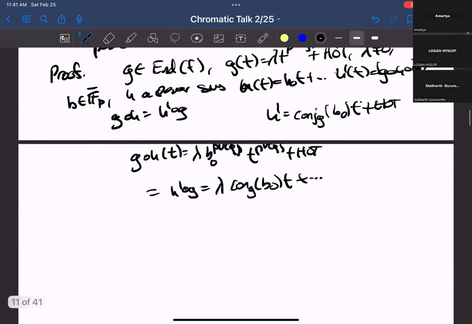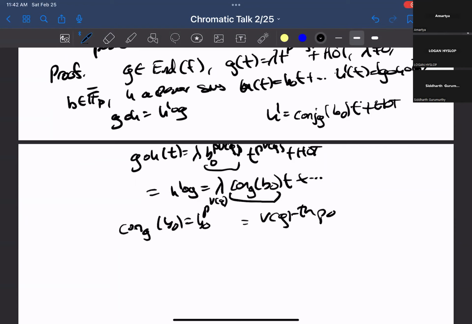So the conjugation by G of B0 is equal to B0 to the P to the nu of G. So this shows that conjugation by G of B0 is nothing but B0 to the P to the nu of G, which is the nu of G's power of Frobenius, as claimed.